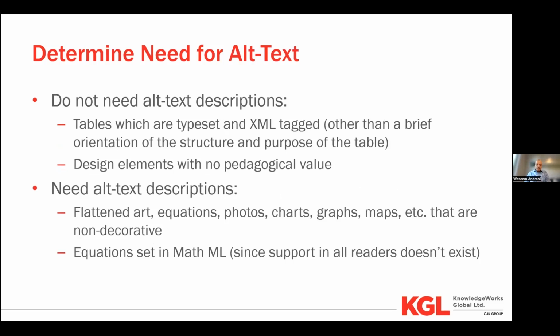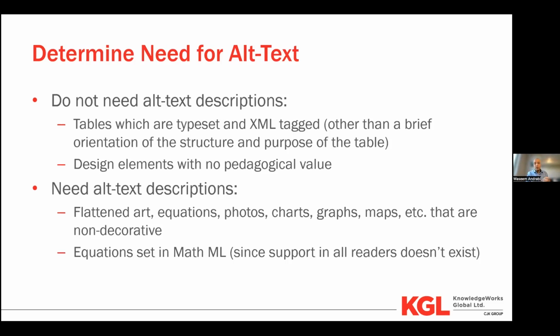Then once the image itself has been made accessible following these guidelines, there are a few more guidelines that we haven't gotten into, but those were the basics. We also need to figure out whether an image needs alt text descriptions, right? What does not need alt text descriptions would be your tables, if they are typeset correctly and are XML tagged.